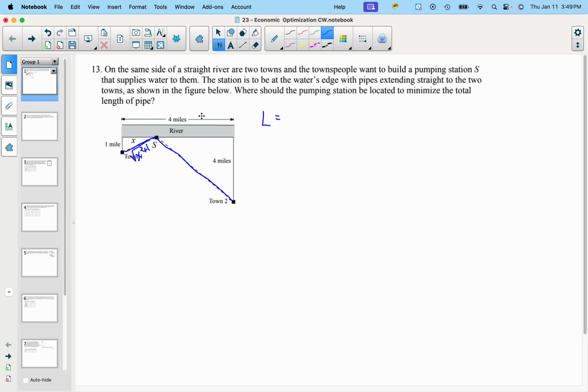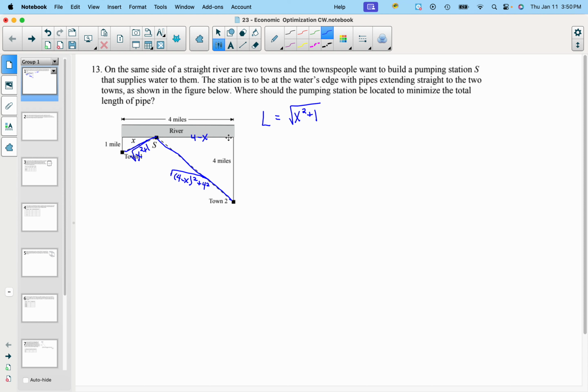And then we're going to have that in our total length: the square root of x squared plus 1. And then if this whole piece is 4 and this is x, then this has to be 4 minus x, and this is 4. So we get the square root for this piece here of 4 minus x quantity squared plus 4 squared.